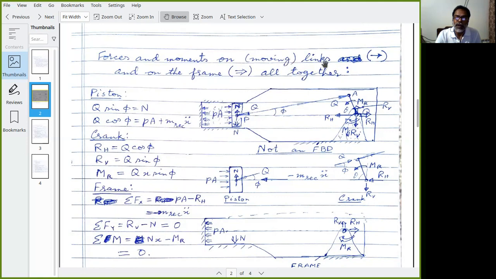Now, the forces on the moving links I have shown with a simple arrow, and the forces and of course moments on the frame I have shown with this thick arrow with double line.